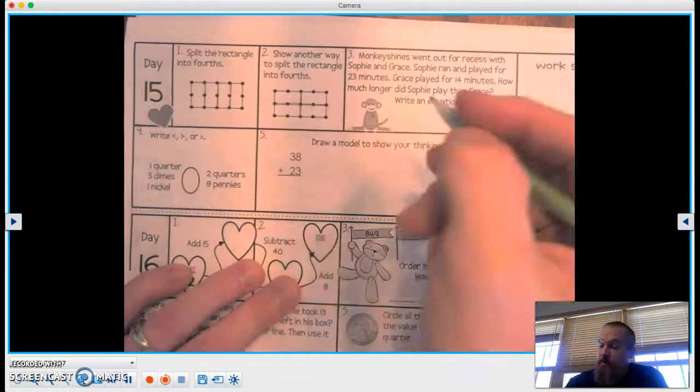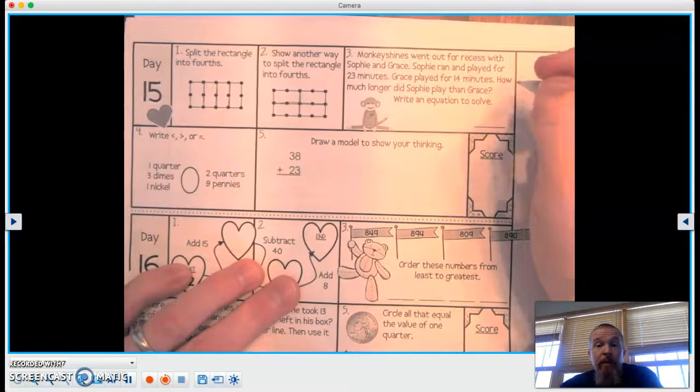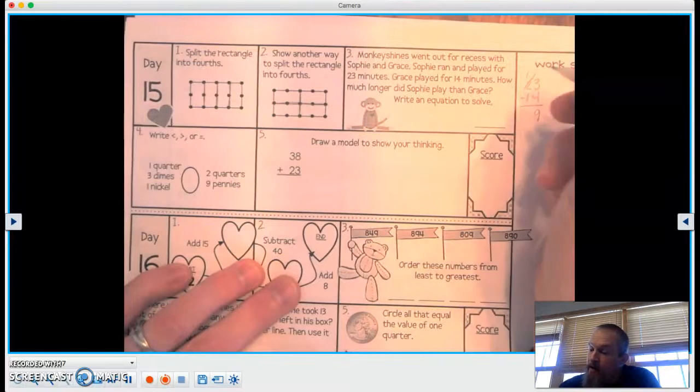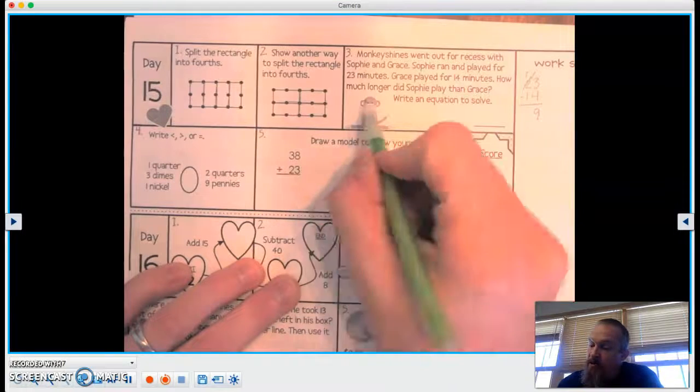Okay? So we're going to take 23, we're comparing them, and take away 14. So 13 minus 4, 6 and 3 is 9, and 1 minus 1 is 0. So 9, and it says how much longer? Minutes.